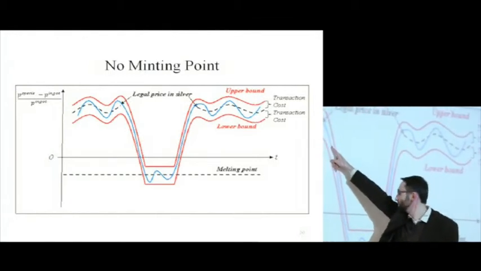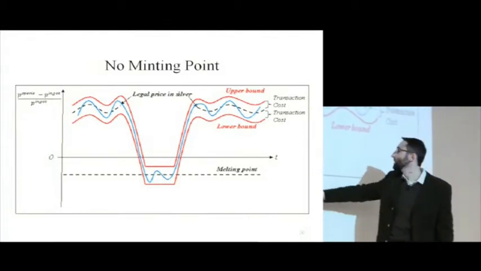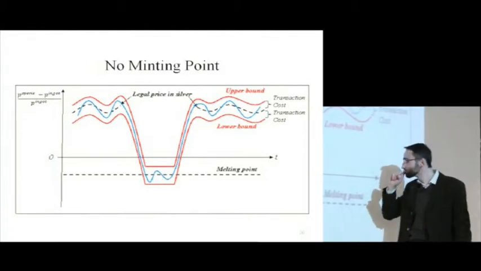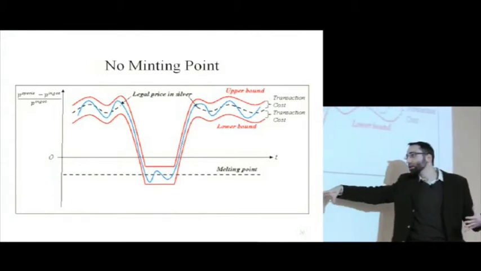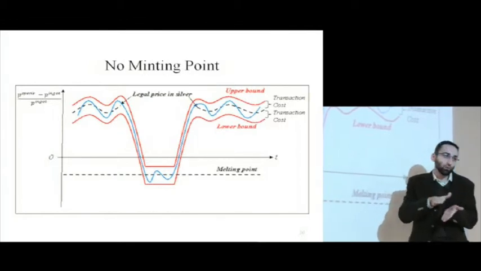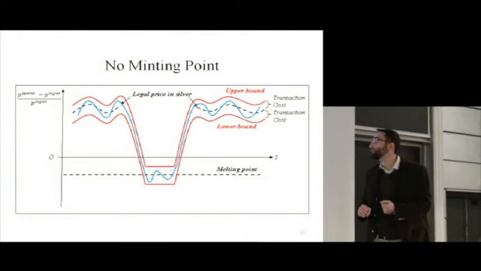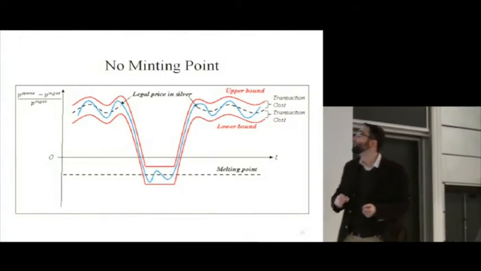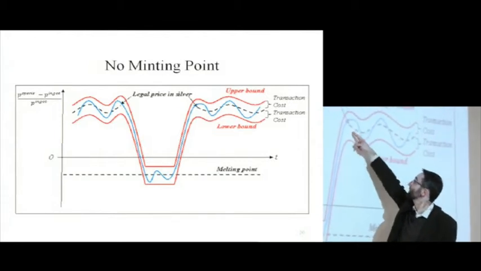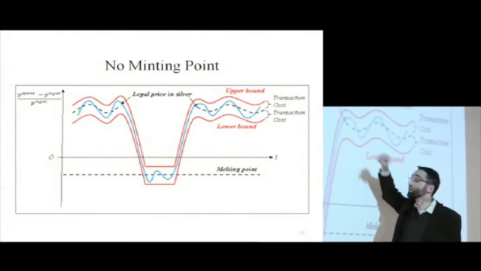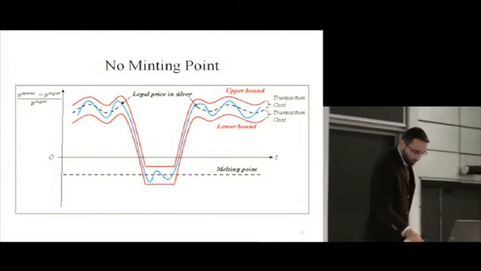Then what you would observe is that the price would collapse to its normal melting point. So it would realign to the price it would have had if this legal price did not exist. And then if the state starts guaranteeing this exchange rate, you would see it return to its previous point.